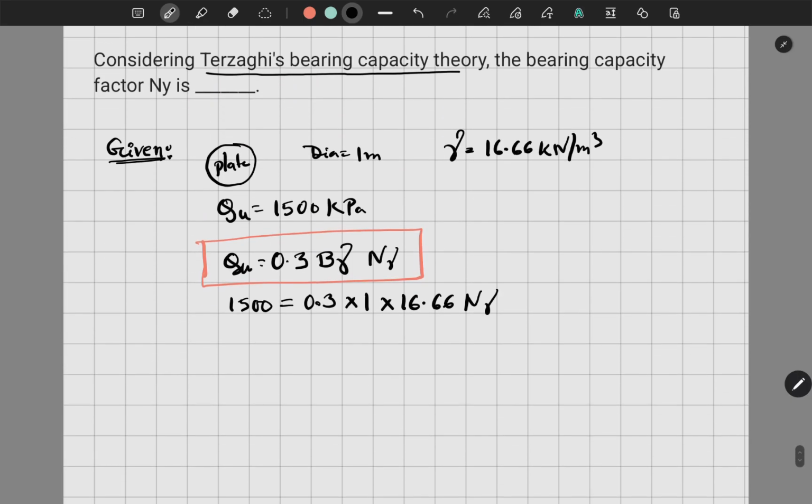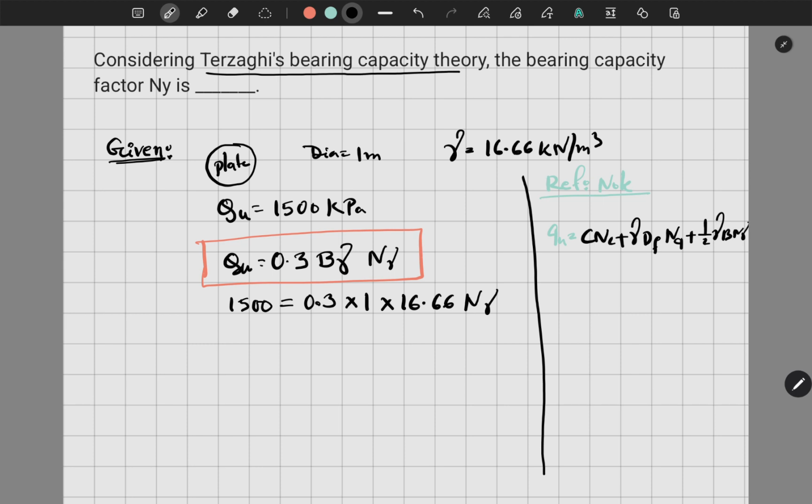As just a side note or reference note, for bearing capacity QU is equal to cNc plus gamma Df Nq plus half gamma B N gamma. Okay, and this is for strip footing.